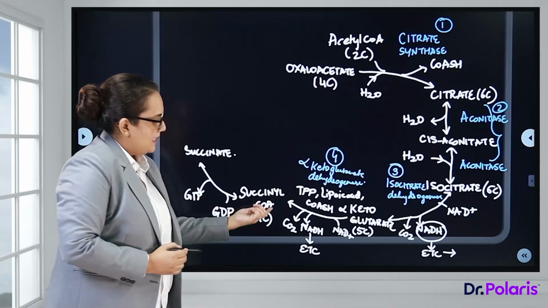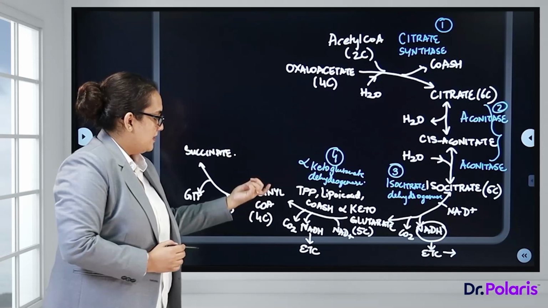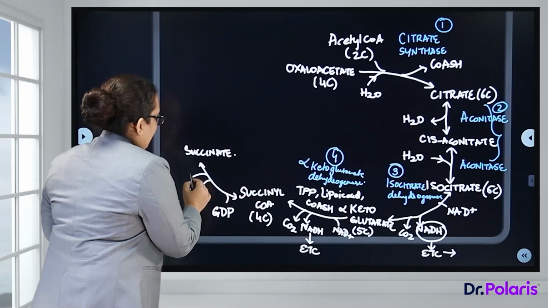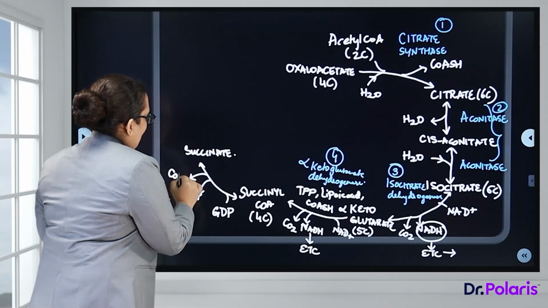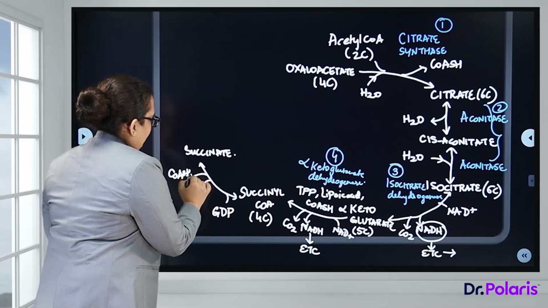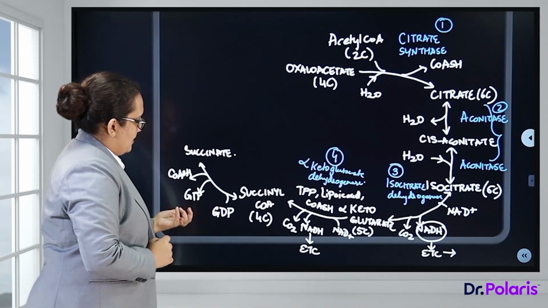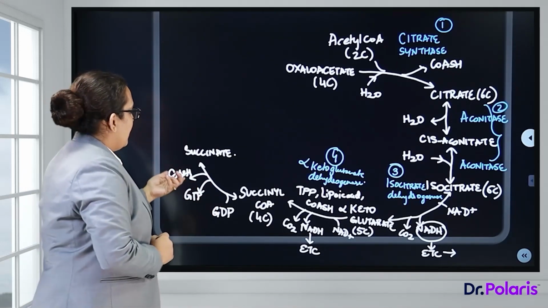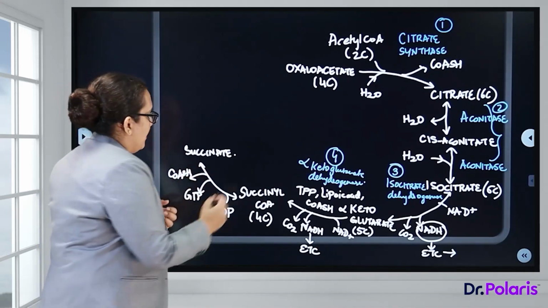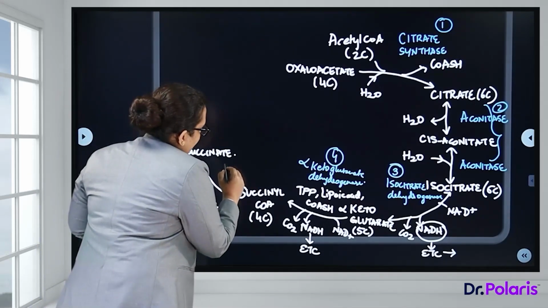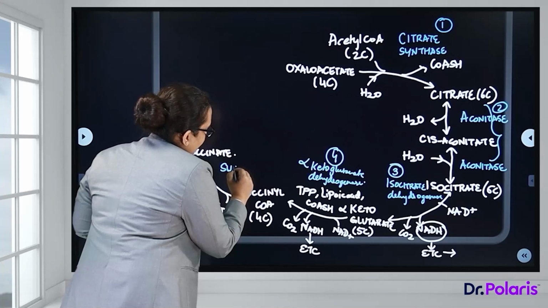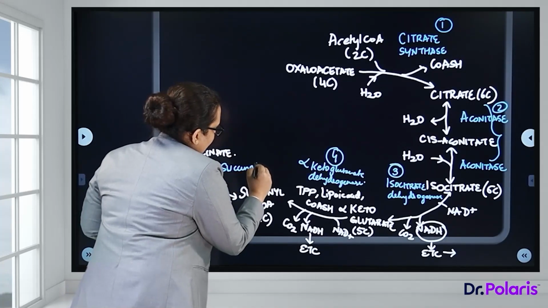And at the same time, you can see coenzyme A attached to succinyl-CoA. That gets released as free coenzyme A. So energy is released in the form of GTP, and coenzyme A is also released. This step is catalyzed by the enzyme succinate thiokinase.